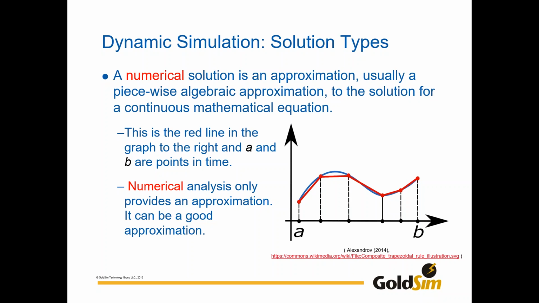There we have defined time points where we calculate the solution, and those are represented by those circles on the red line. In between, we assume how it's going to behave. In the example shown, we assume it's going to behave linearly. So we just piecewise assume a linear behavior between each of those defined time points. Numerical analysis provides an approximation, but usually that's a good approximation and it's beneficial to our purposes.